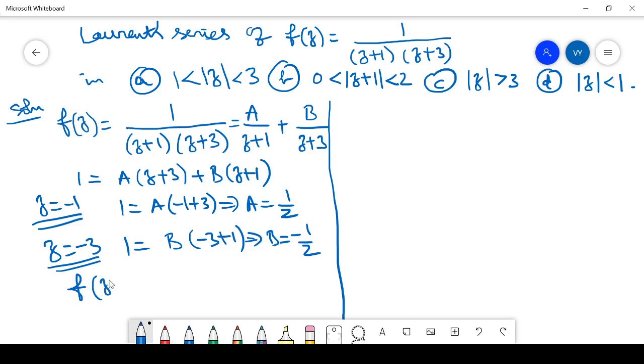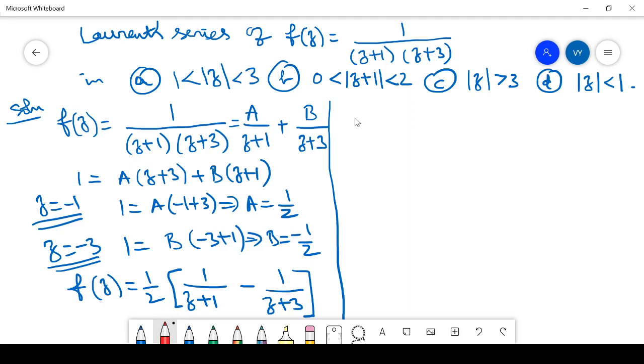So f(z) will be 1/2 times [1/(z + 1) - 1/(z + 3)]. So this will be the first part. First we separate f(z) into linear factors like this.